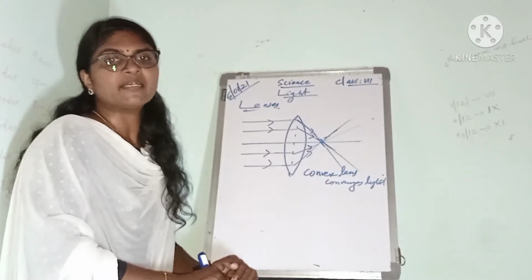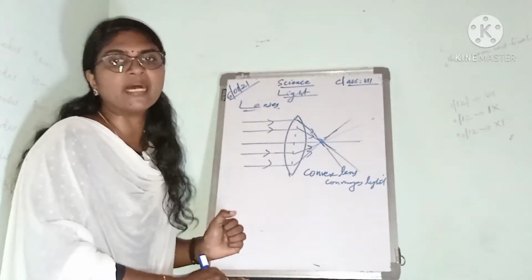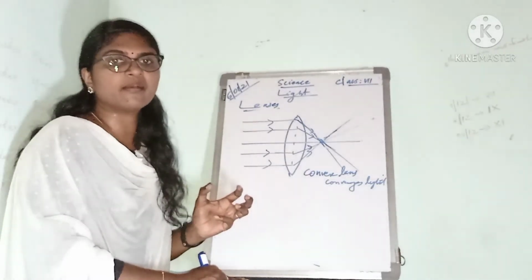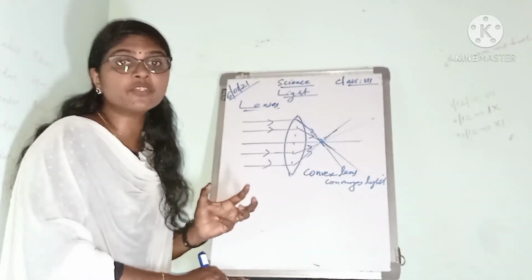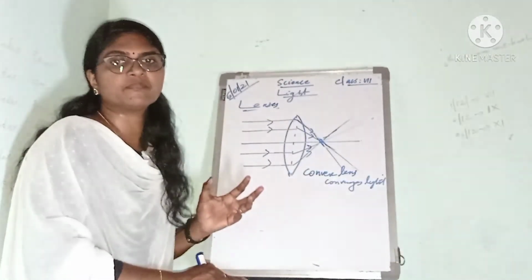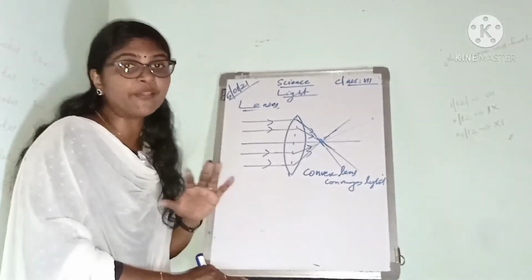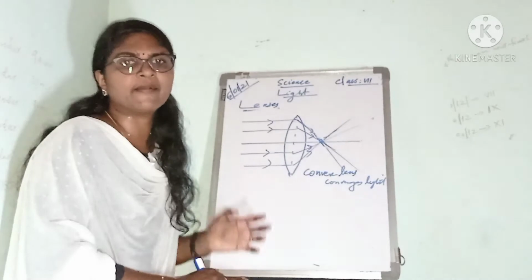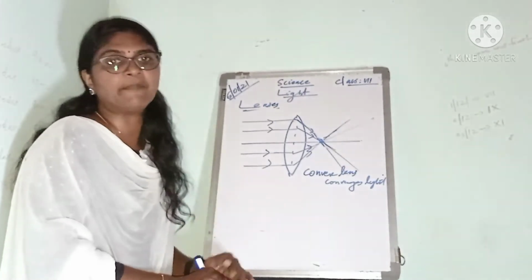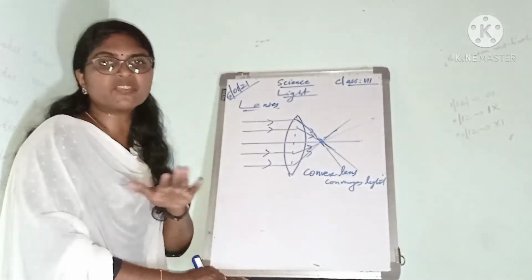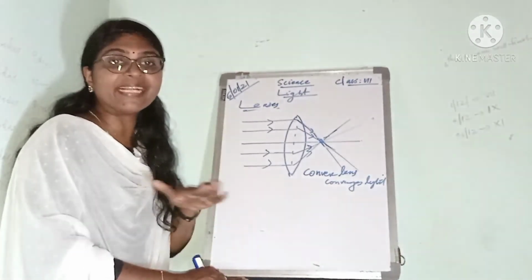Listen to it. Suppose we move the lens of a reading glass over a newspaper, we can see that it magnifies the image.